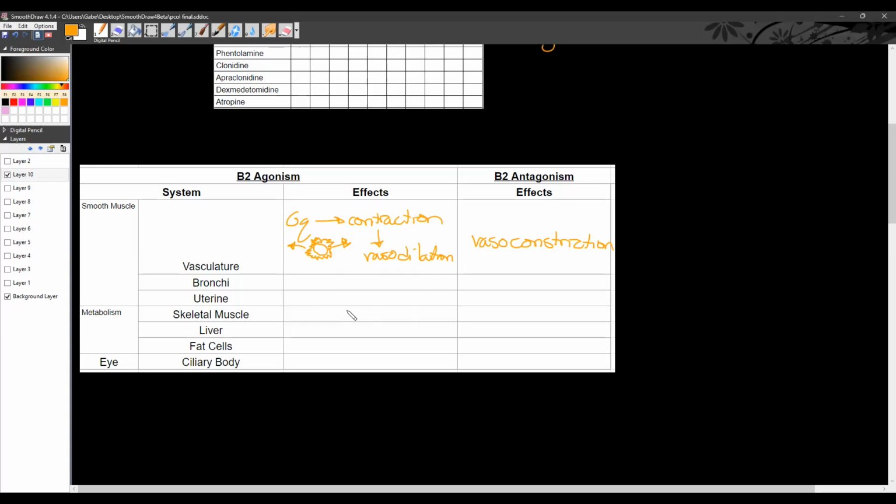How about in the bronchi? What's the effect on the bronchi? Things like albuterol. Yeah, same sort of thing. Bronchodilation. Again, we're doing the contraction, which is going to pull the bronchospace wider, whereas with antagonism, we're going to get bronchoconstriction.